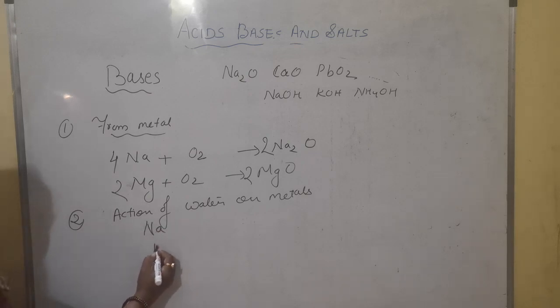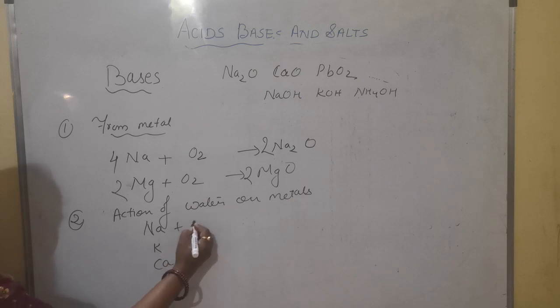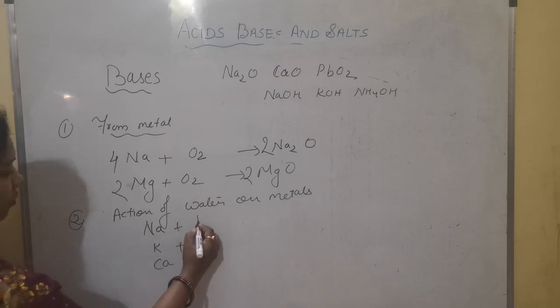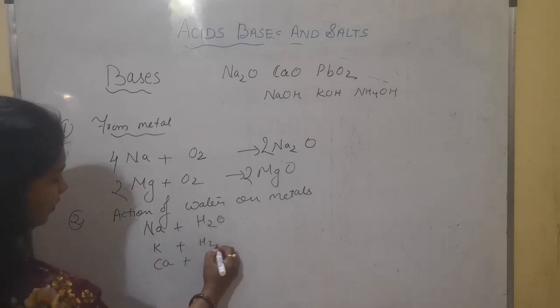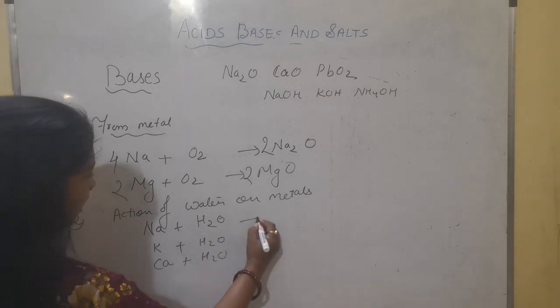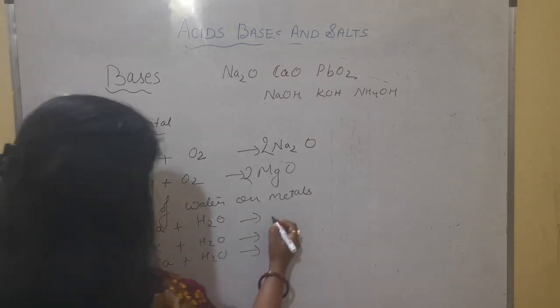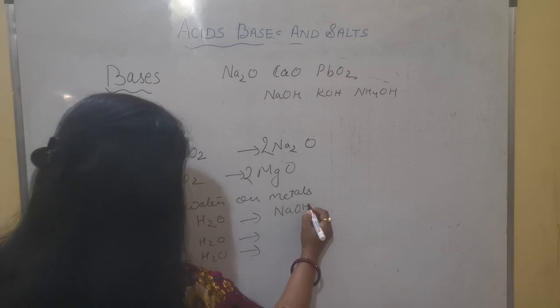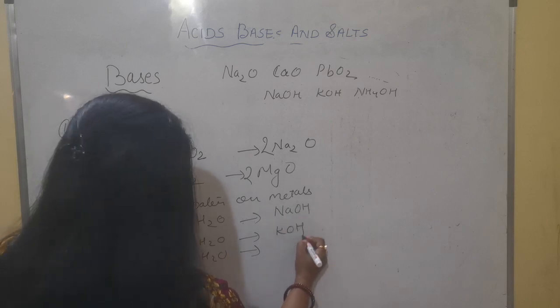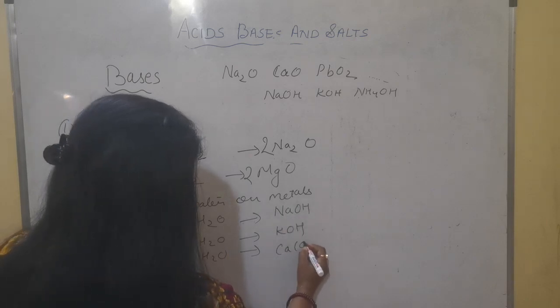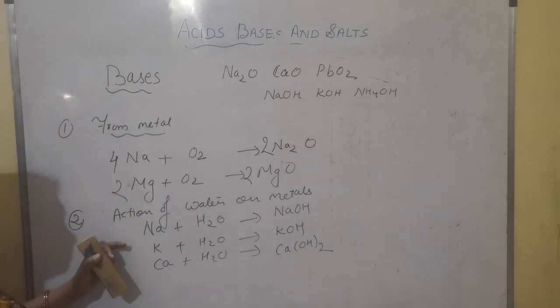We'll take sodium, potassium, calcium because these are water soluble. We'll treat them with water and you'll get the respective hydroxides: NaOH, KOH, Ca(OH) twice. Balance the equation.